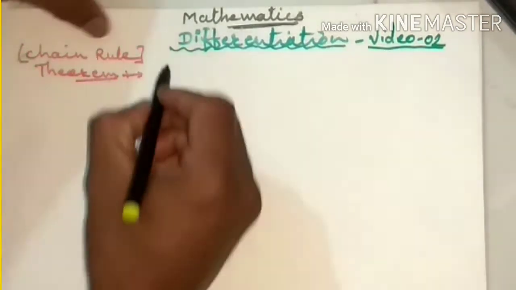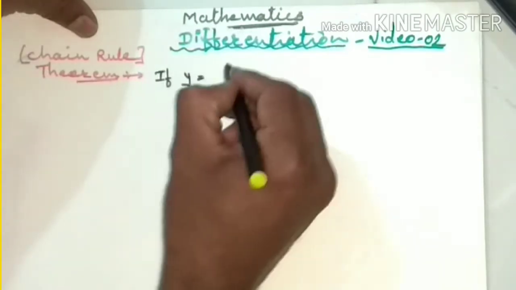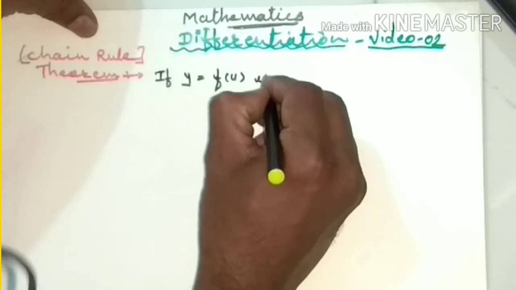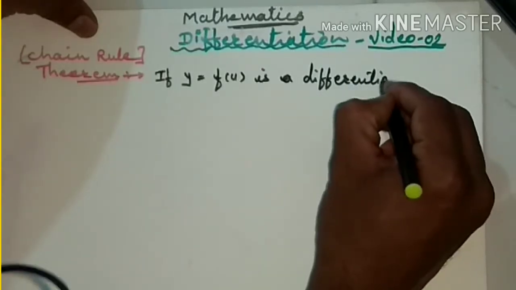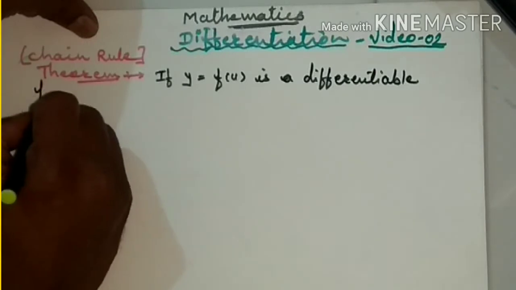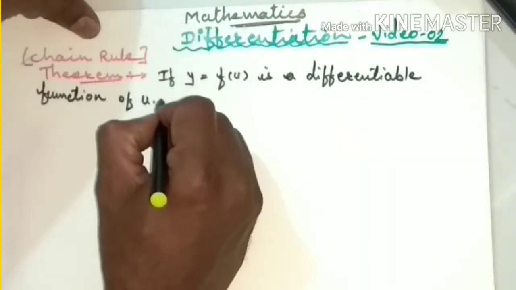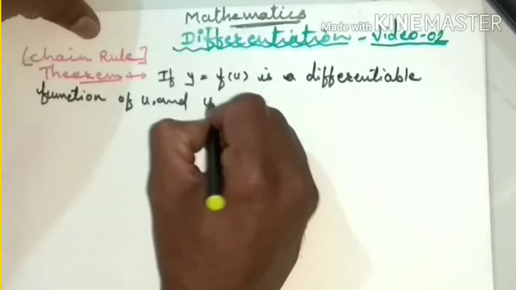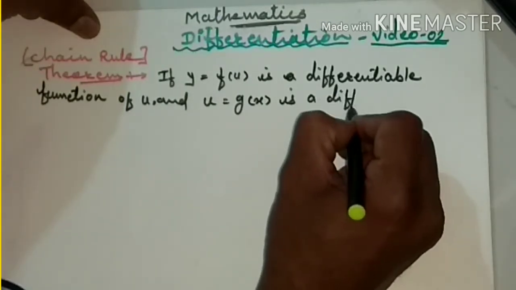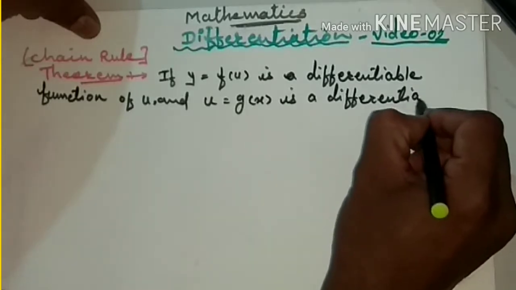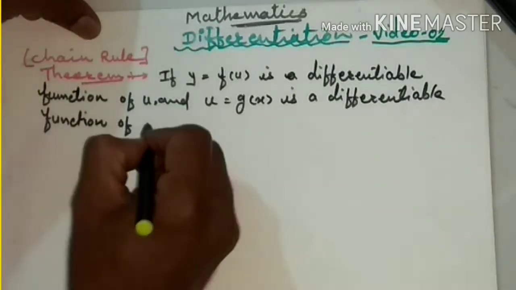If y is equal to f of u, a differentiable function of u, and u is equal to g of x, a differentiable function of x.